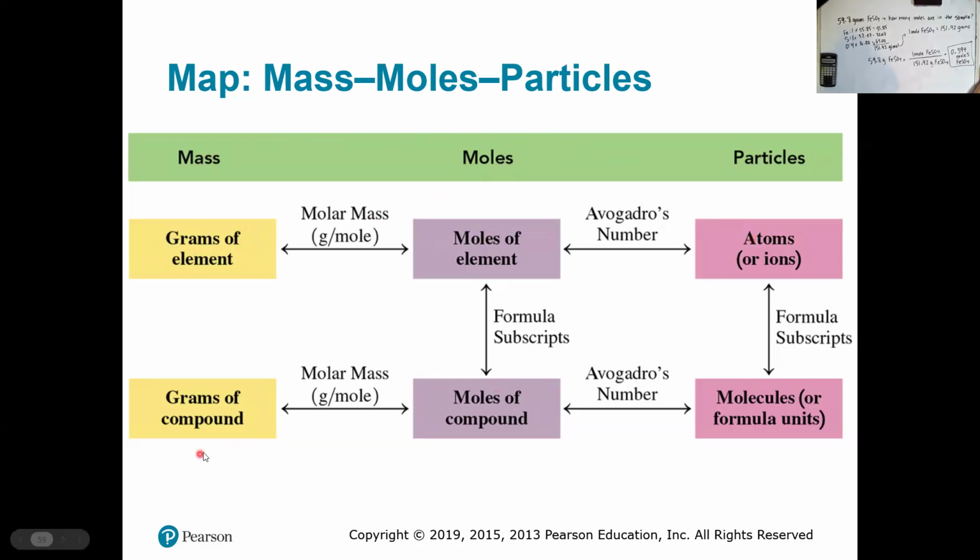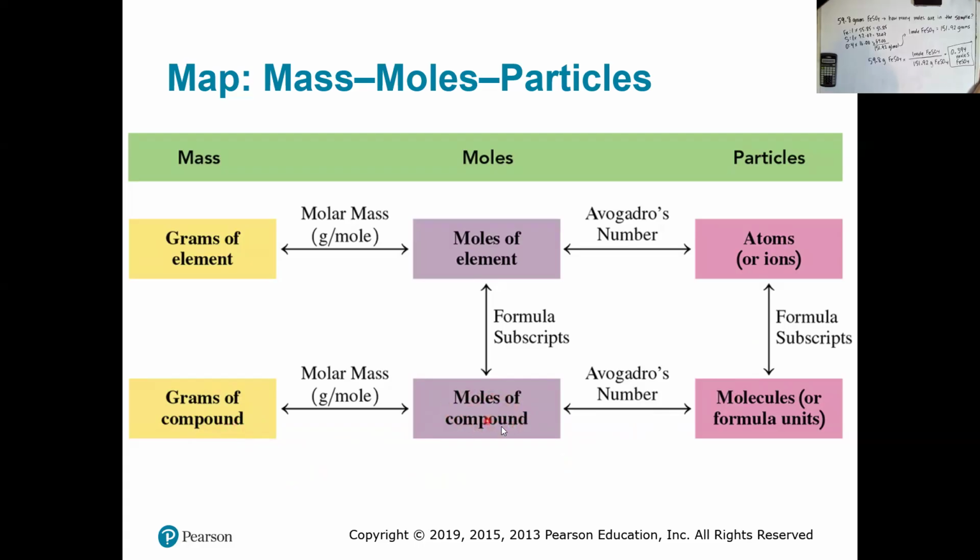Then you can go from moles into atoms. Let's say that you're starting out with a mass of a compound and you want to figure out how many atoms of a particular element in that compound you have. This map helps you figure out how to do that. You start out with your grams of a compound. You can use the molar mass to figure out the moles of that compound.